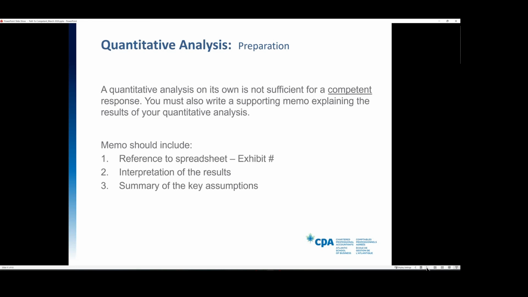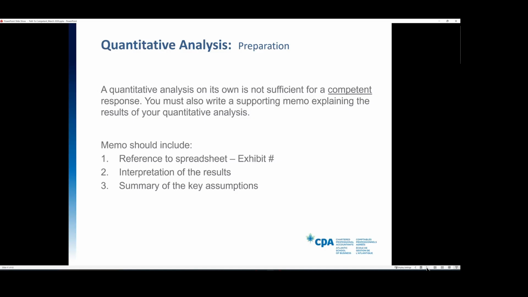It's also important, and it doesn't always need to be done, but be on the lookout. Based on the case facts, is there some information that says, hey, you know what? Say you've used, I don't know, 10% revenue growth, and the case facts tell you that the industry growth is 5%.